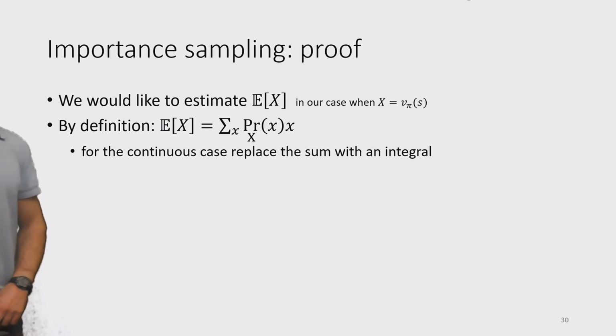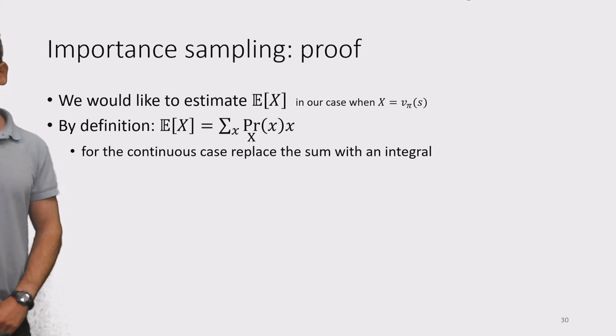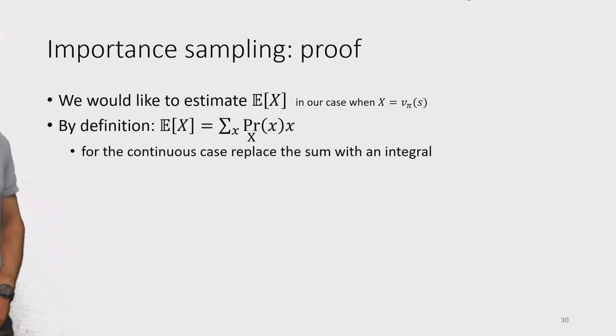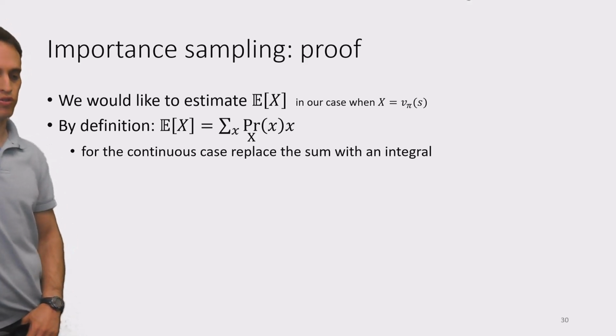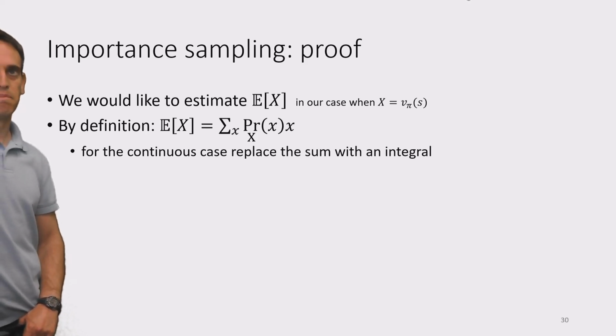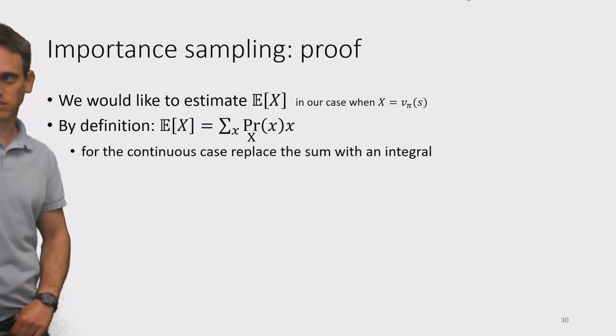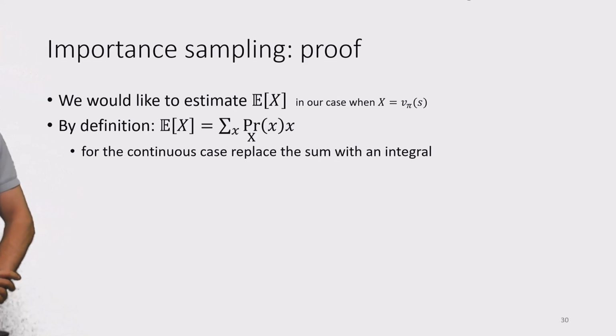Okay, so now let's prove that using importance sampling, that is weighing the observed returns under a behavioral policy with the importance sampling ratio, is indeed an unbiased estimation for some target policy.